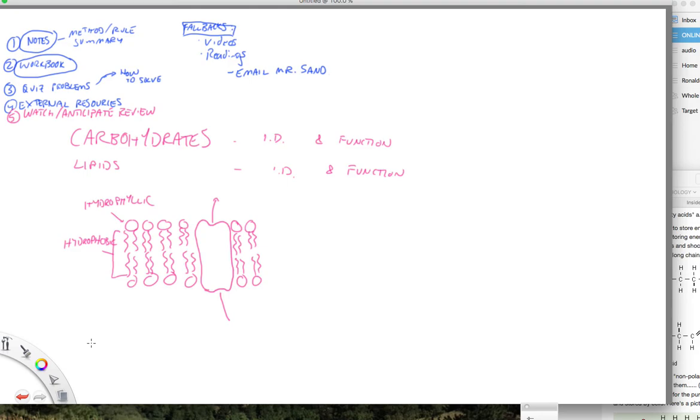Right. For the lipids, the ID and function, also now nucleic acids, of course you need to know the ID and functions for that. Some people had a lot of difficulty with this when they were doing their simple workbook. Remember what a nucleic acid is and how that's different from a nucleotide. A nucleotide is a sugar, a phosphate group, and some sort of nitrogenous base, or we just call it a base.